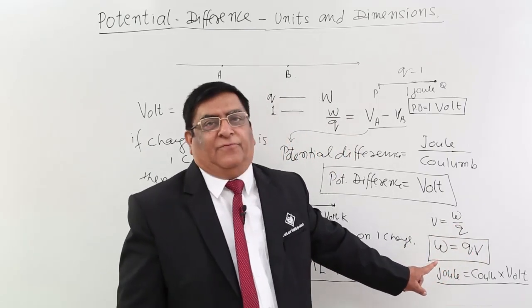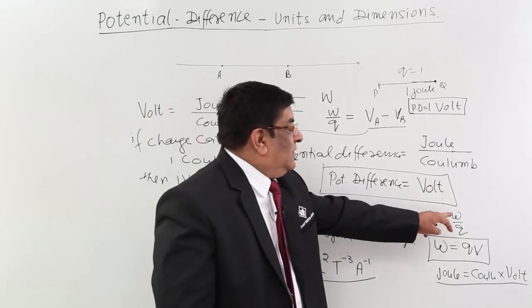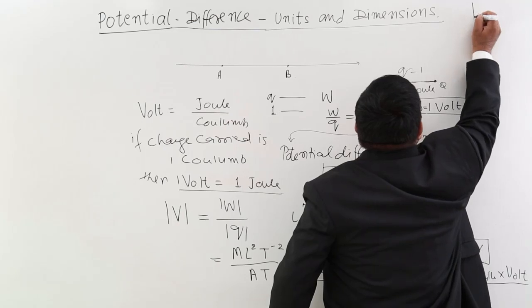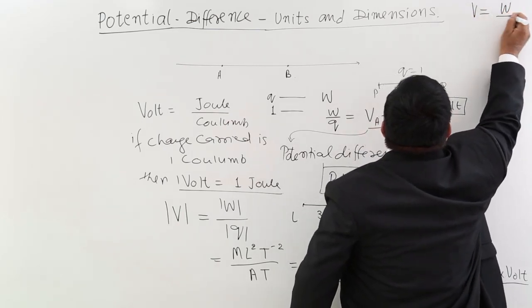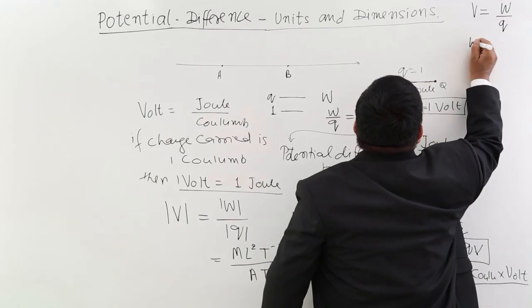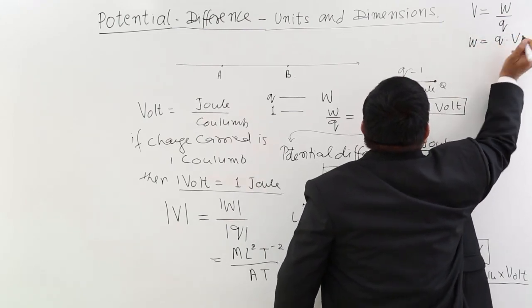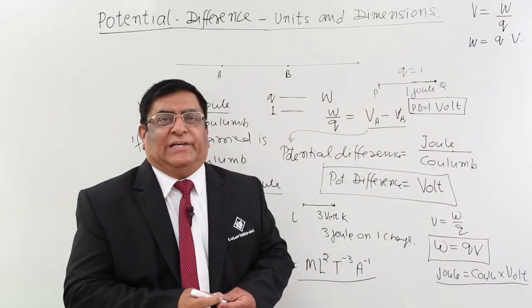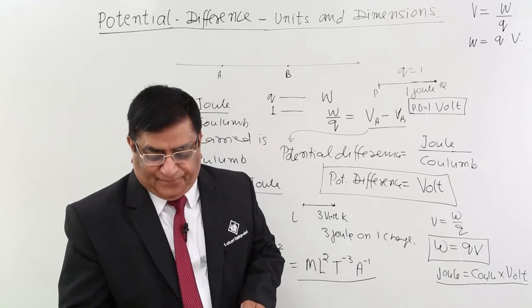This is the fundamental formula: work is equal to QV, or V is equal to W upon Q. So we will go on making a formula bank here. V is equal to W upon Q, or W is equal to Q into V. After that we will find its relation with the electric field in which it is there.